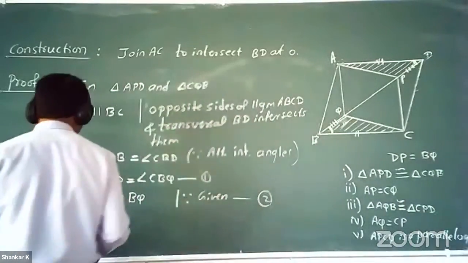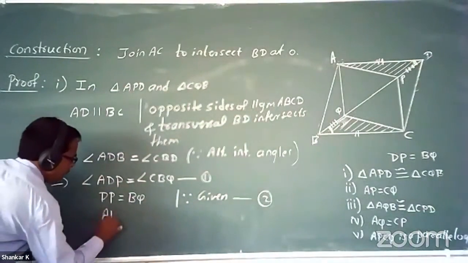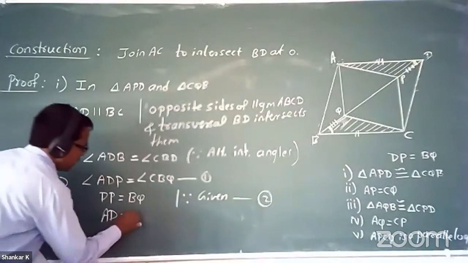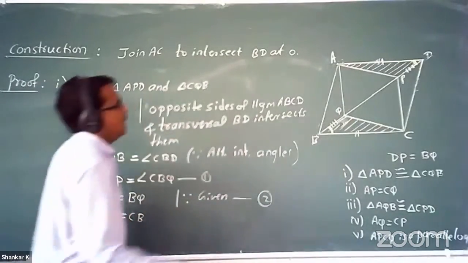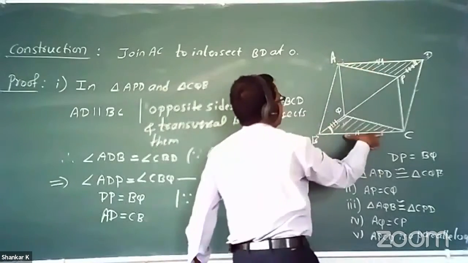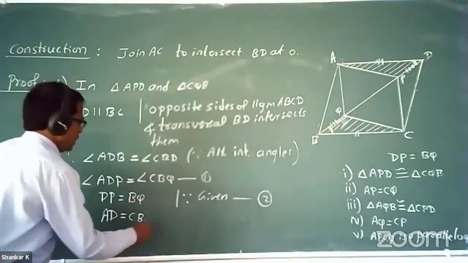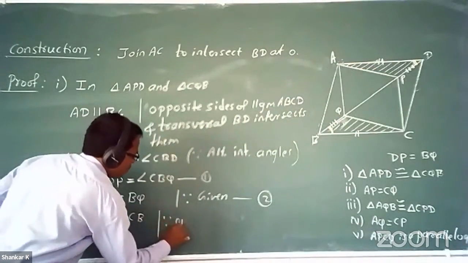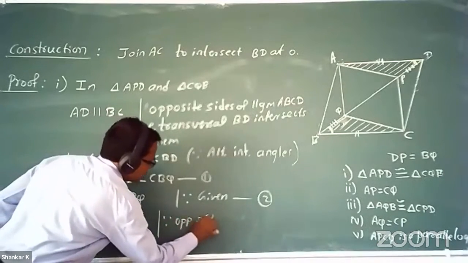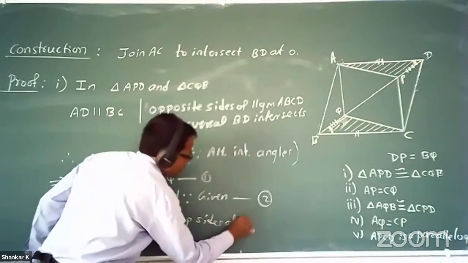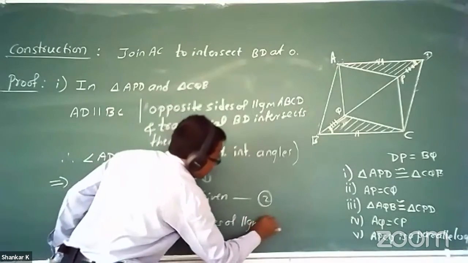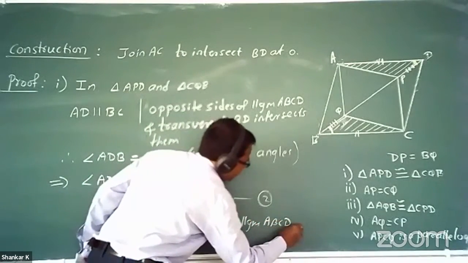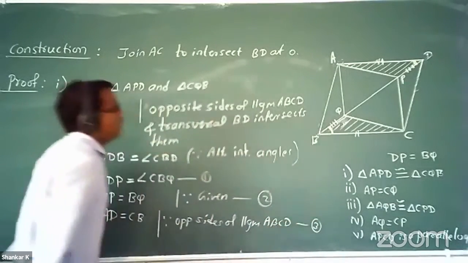Then one more, AD equals CB, or BC. Where is AD? This is AD, CB. These are opposite sides of parallelogram ABCD. That's why these are equal. This is 3.